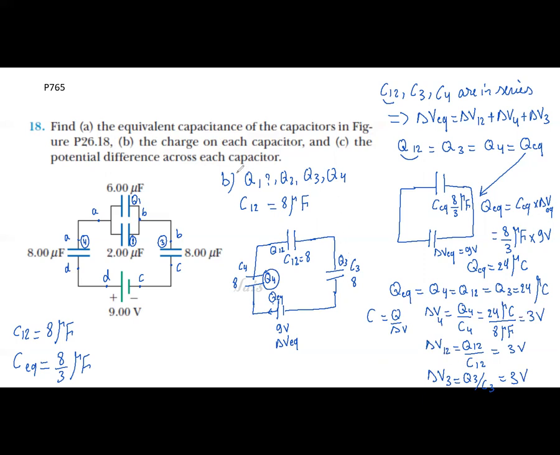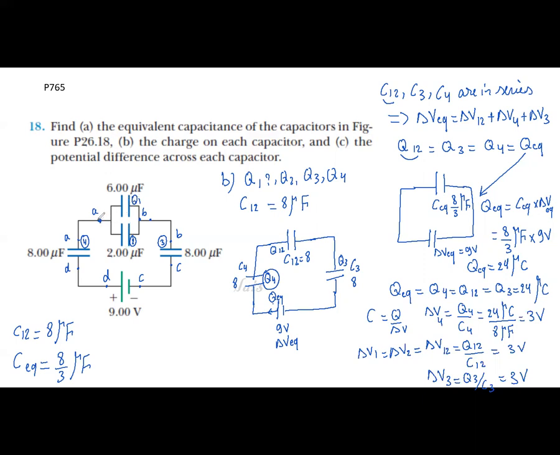So here I calculated delta V of C4, C3, and delta V12, which equals delta V1 equals delta V2, because 1 and 2 are parallel, so they have the same difference of potential.